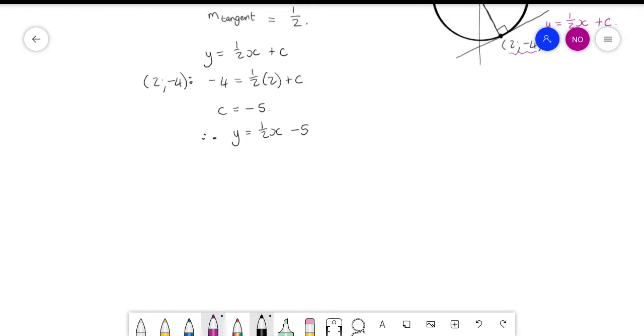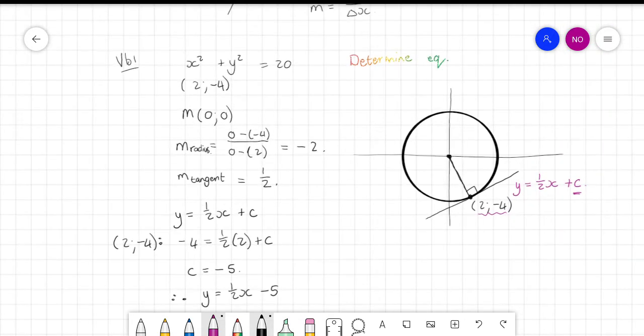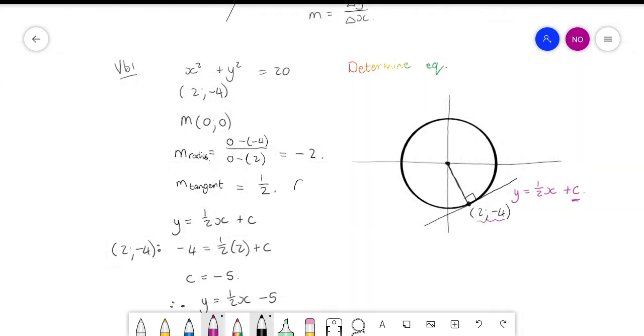So remember, it has to be a straight line because it's perpendicular to the radius. I missed something. I'll go back now. Because it's perpendicular to the radius, you get the gradient and then you substitute a point to solve for c. Ek wil net hier gou bysit, a reason.